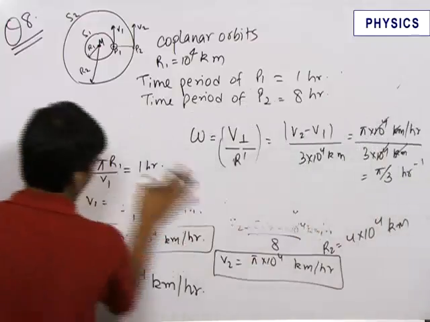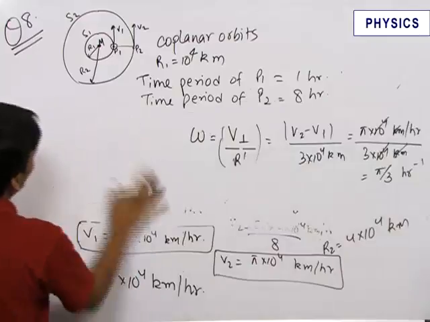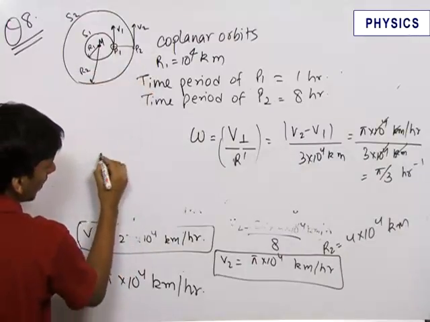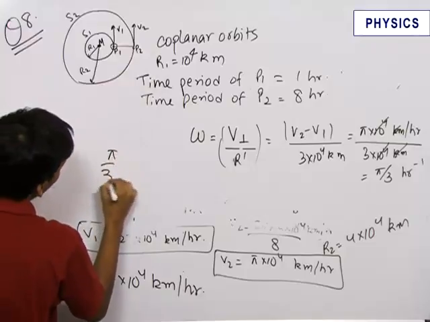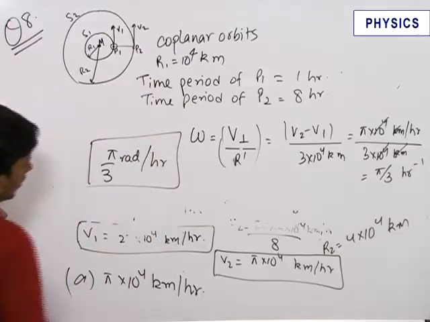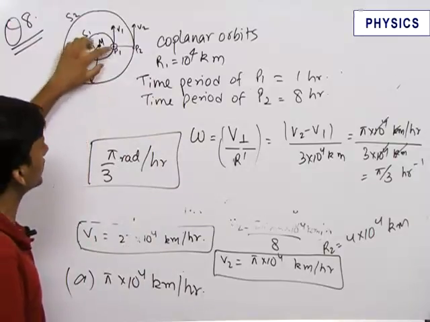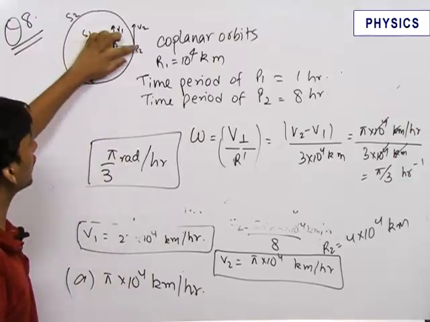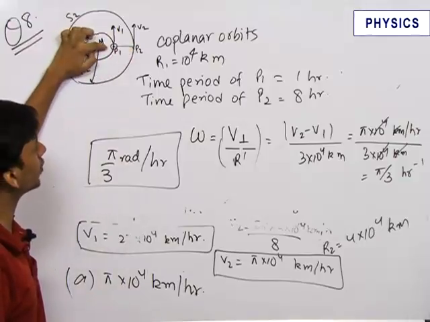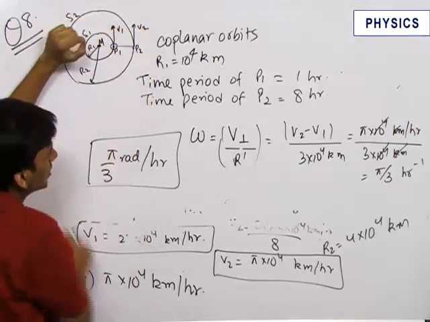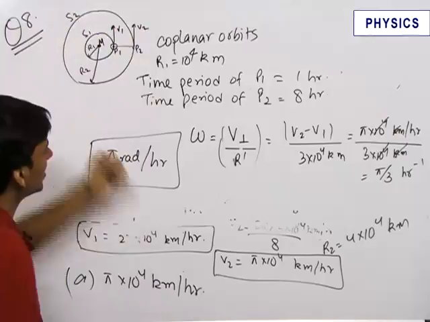Therefore, the final answer for the angular velocity of P2 as observed by an observer in P1 is pi by 3 radians per hour. So the final answer for the relative velocity when they are closest is pi into 10 raised to 4 kilometers per hour, and the angular velocity of P2 as observed by an observer in P1 is V relative perpendicular upon the distance between them, that is pi by 3 radians per hour.